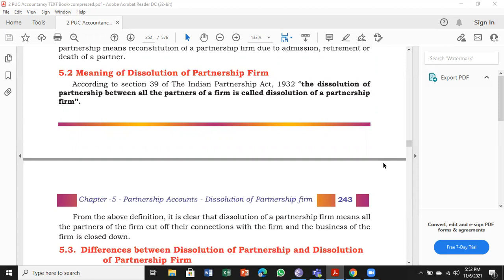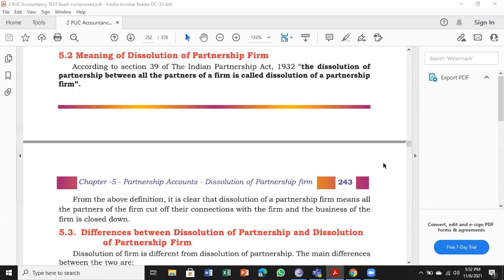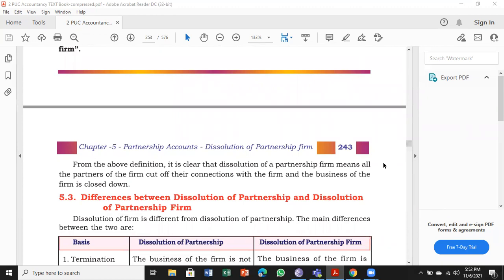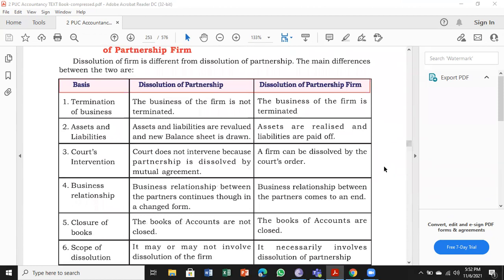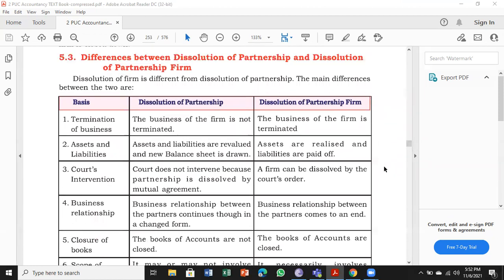In the exam, if they ask you to define, you have to write this definition to get the 2 marks, and if they ask the meaning, you have to write the next paragraph. Dissolution of partnership firm means all the partners of the firm cut off their connections with the firm, and the business of the firm is closed down. So business is closed, the connections will get closed, and the books of accounts also will be closed.